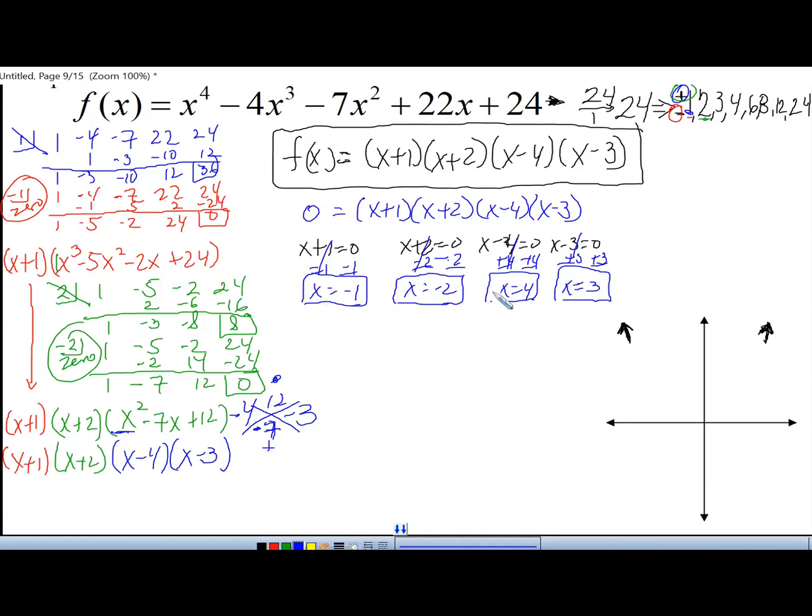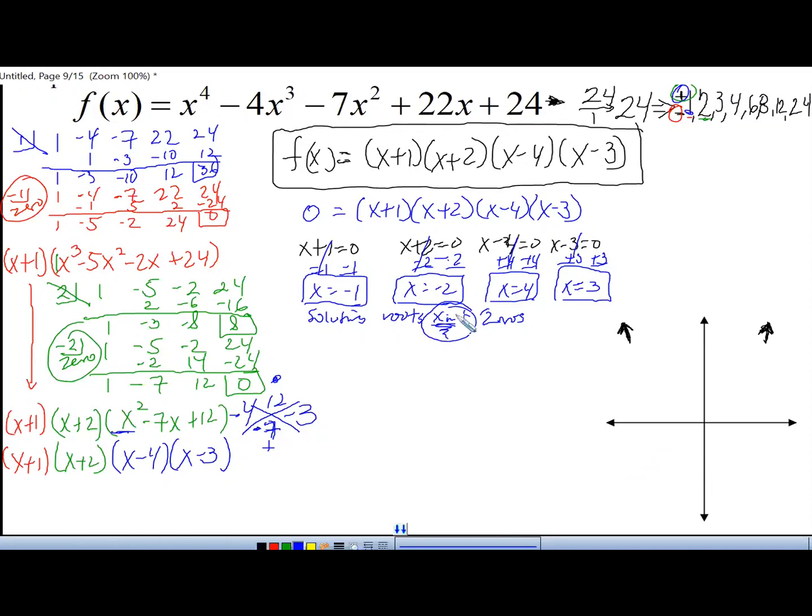Anthony, what are those called now that we've solved it? These are my solutions. What else? Roots. Roots, what else? X-intercepts. X-intercepts, yes. And zeros. So if we were to substitute all these, it's going to give us zeros. But now we know that they're called what? X-intercepts. So let's plot these.